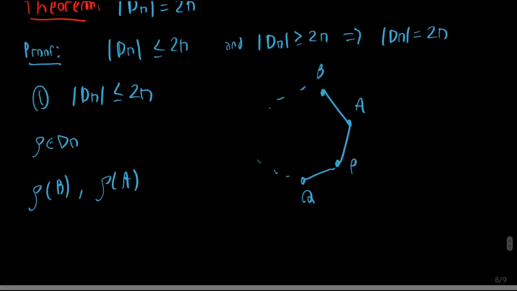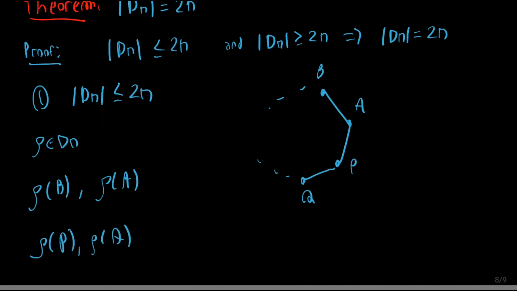So now, by the previous fact, we know that each vertex of the n-gon is uniquely determined by its distance from two adjacent vertices. So imagine that P here or Q here are two vertices of the original n-gon.